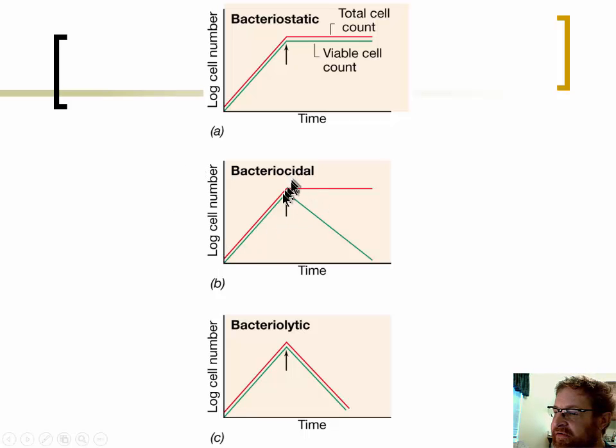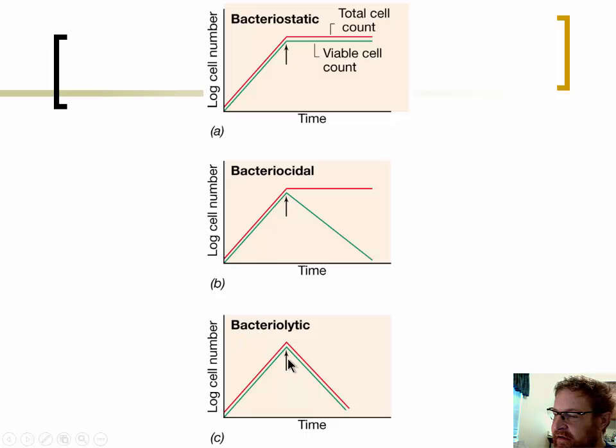And so in the cidal case, now there are cells that are dying, and so the total number of cells, which when you look at it under the microscope, you wouldn't be able to tell the difference between live cells and dead cells. So the total number of cells would be the same.